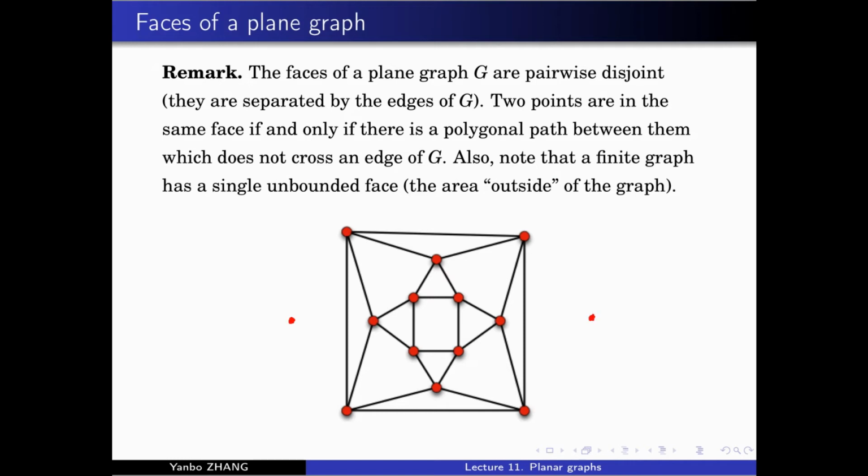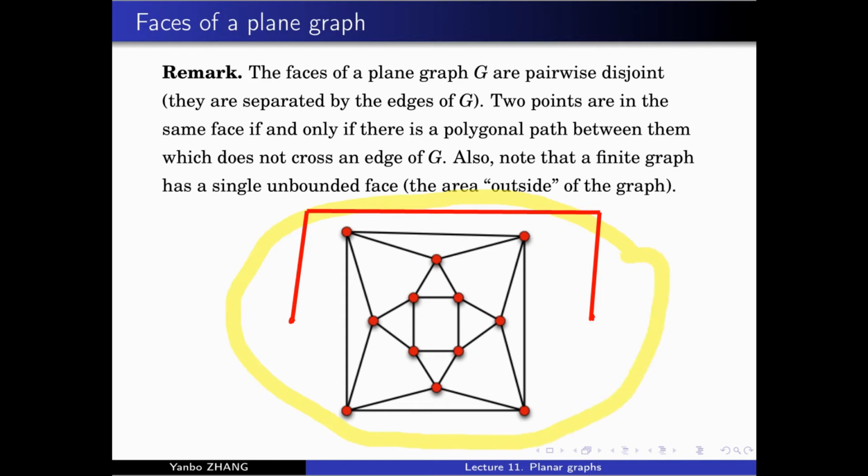The 2 points are in the same face because we can find a polygonal path between them that does not cross any edge of G. Also, note that a finite graph has a single unbounded face. This face is an unbounded face. It's the area outside the graph.